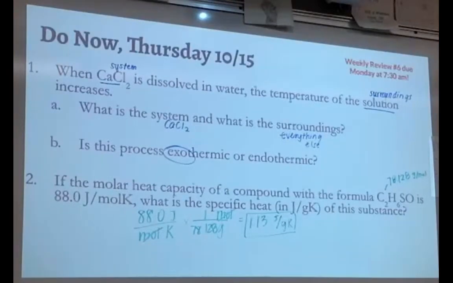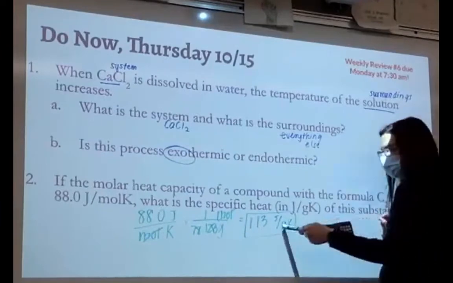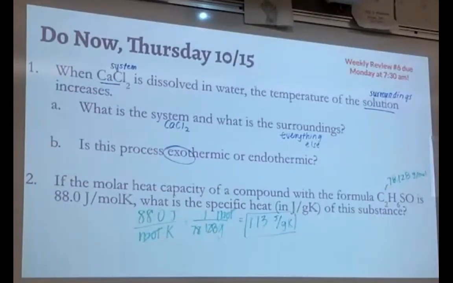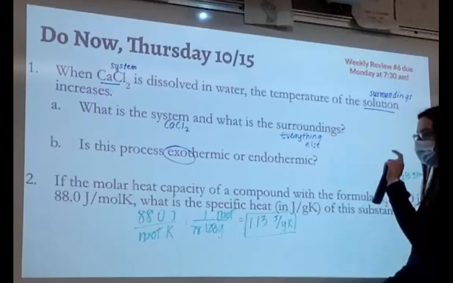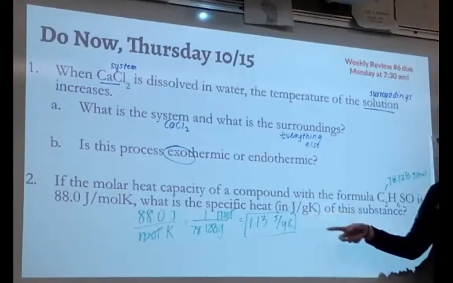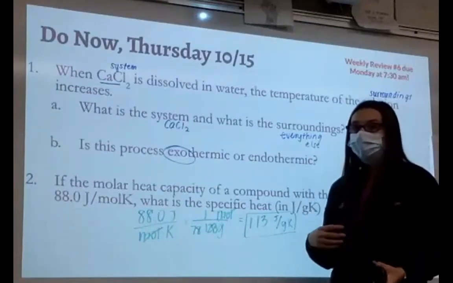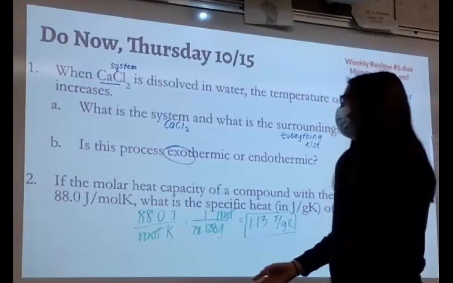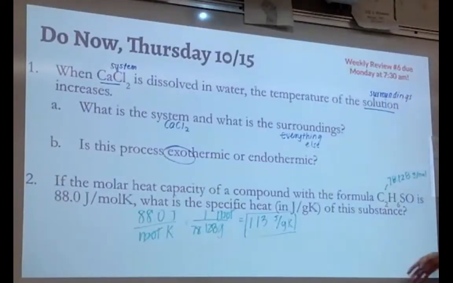But when we switch the units, we find that it takes 1.13 joules to heat 1 gram by 1 Kelvin. So again, there's a difference between molar heat capacity and specific heat, and the difference is whether you're heating 1 mole of something or 1 gram of something. Any questions on this?